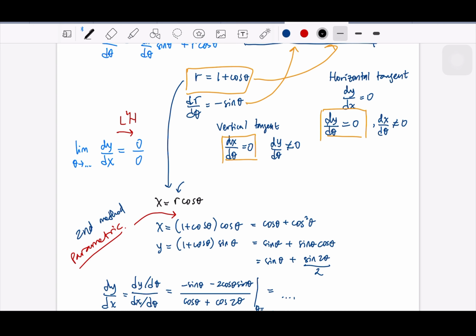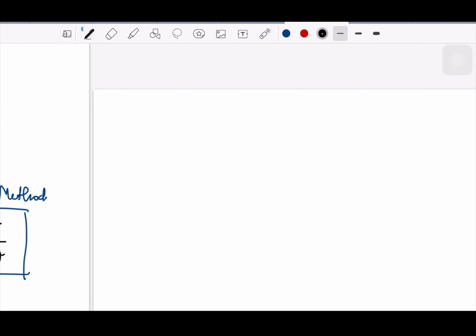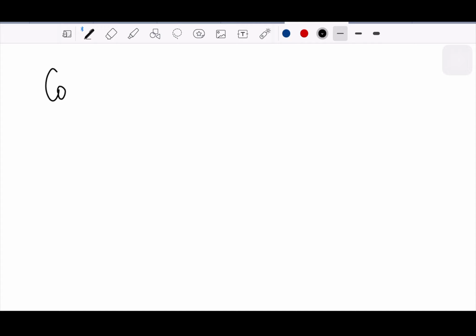I would like to give you a more geometric definition of all these three, because I think mostly you already know how to differentiate them from the equation itself. Right? Okay, let me just write some introductions. So, conic sections.